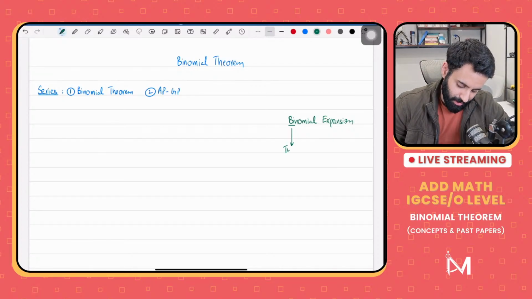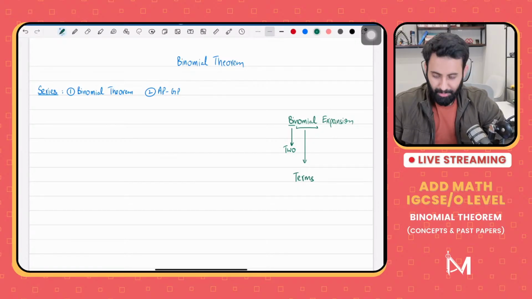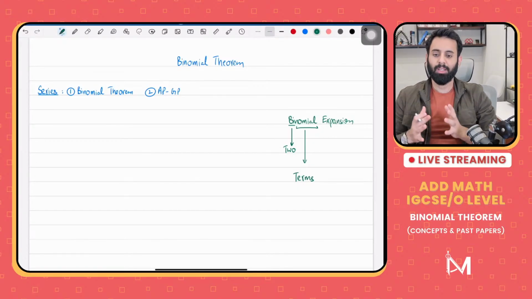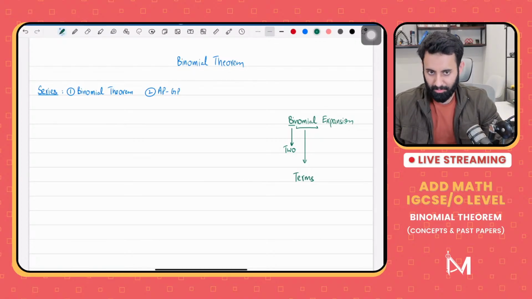Nomial means terms, it's basically terms in the language Latin, like when we say polynomial. So binomial expansion means that you are expanding 2 terms that have a certain power with a plus or minus in between. That's what binomial is basically all about.